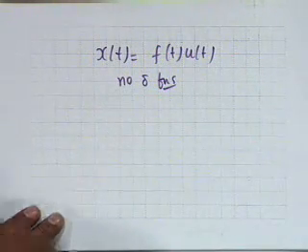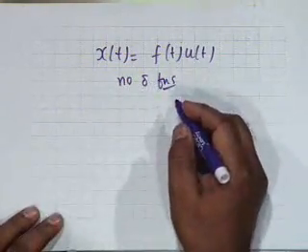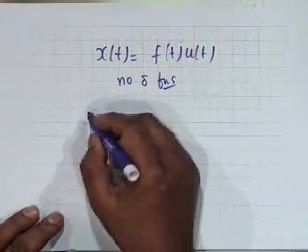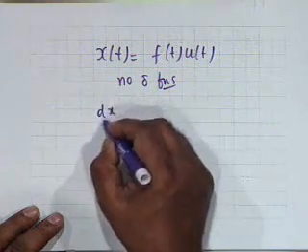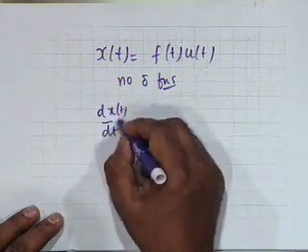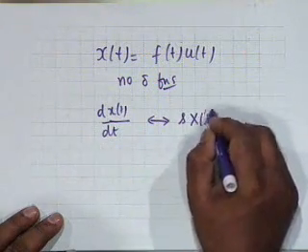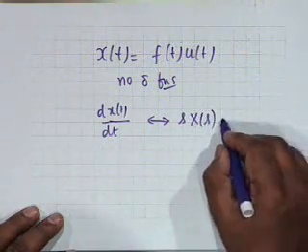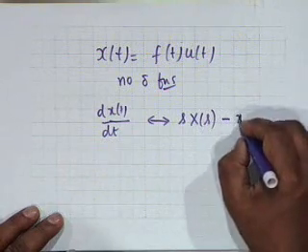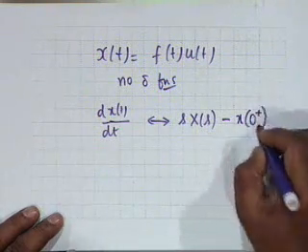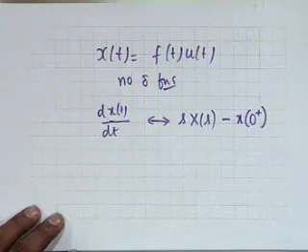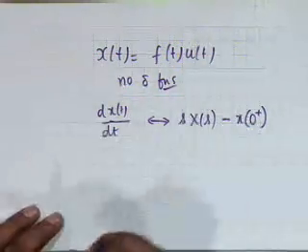All right, there are no delta functions. Then you can show that the Laplace transform of dx/dt is not just s times X(s), but it has to include x(0 plus). We are no longer integrating from minus infinity to plus infinity.